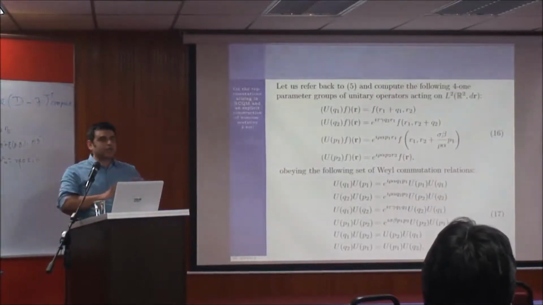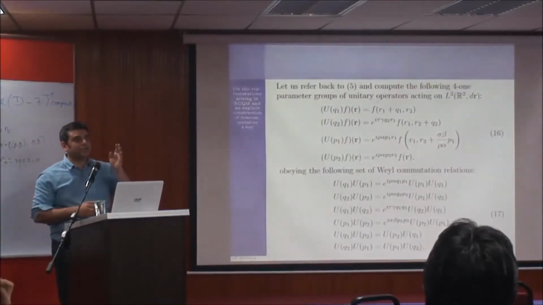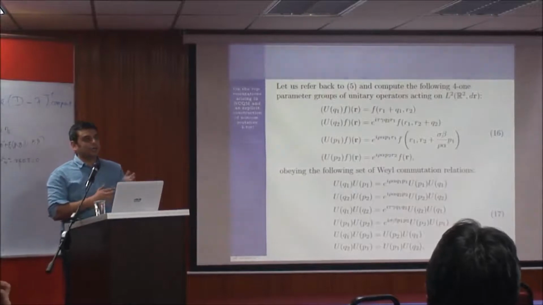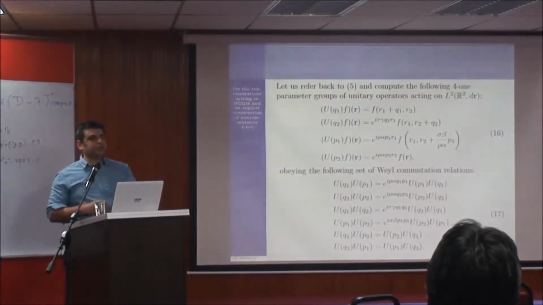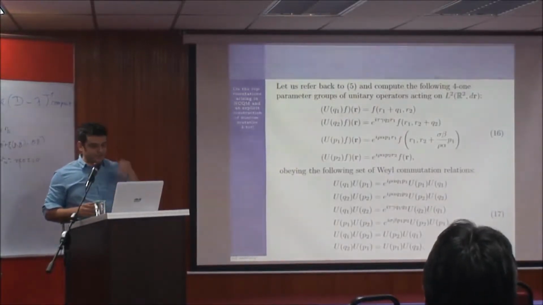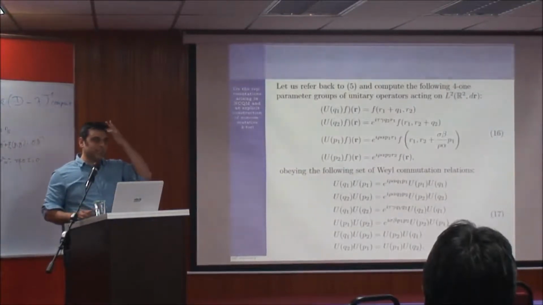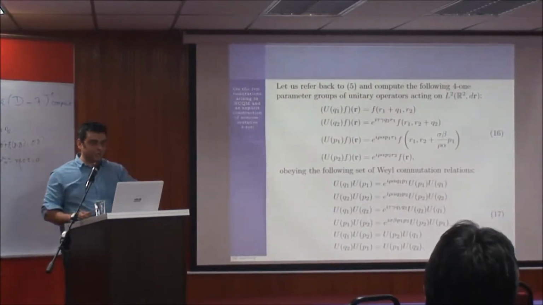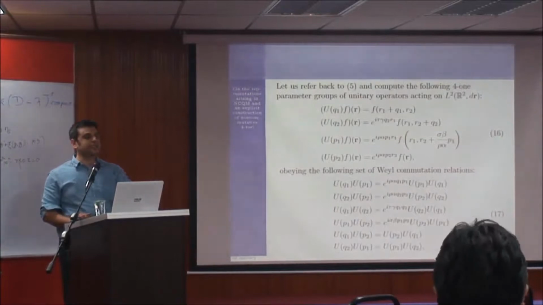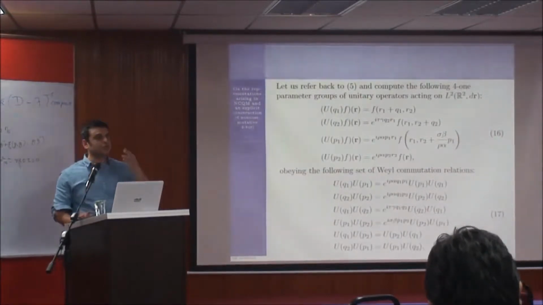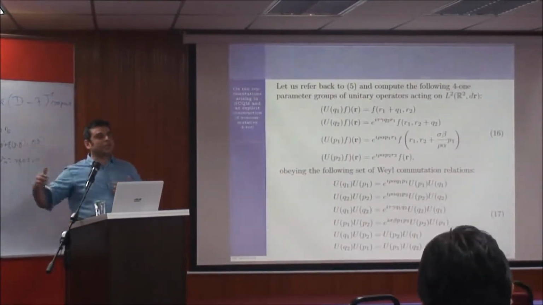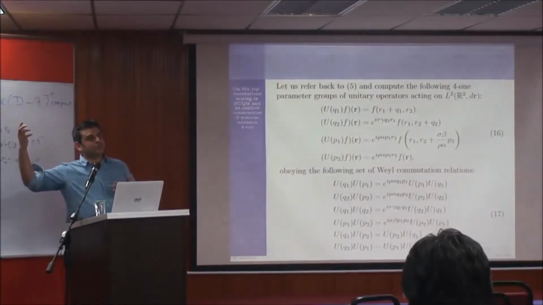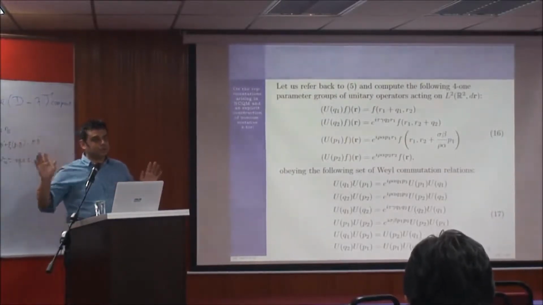I think this is the question you asked me, Prof. Ali. We are no longer dealing with the group representation here. From this set of relations, 17, we want to form 4 unitaries that will generate a twisted group C-star algebra.